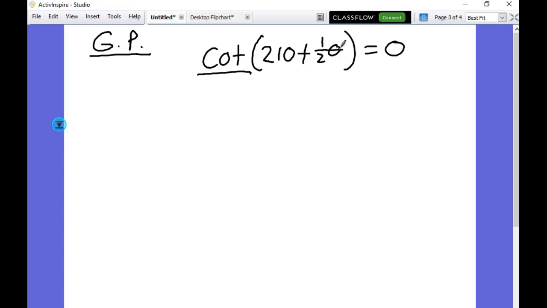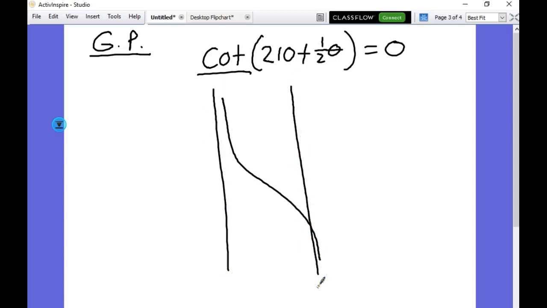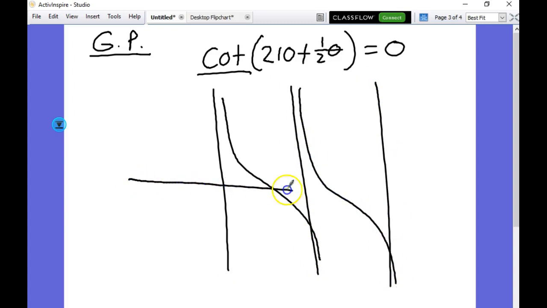Now, if you want a picture to see why, you guys agree this is what cotangent looks like, and that's from 0 to 180. So from 0 to 360, you're going to have 2 cycles, and it would equal 0 right about here. But since I'm stretching it twice as far, because I'm cutting it in half, my graph is going to look like this now.